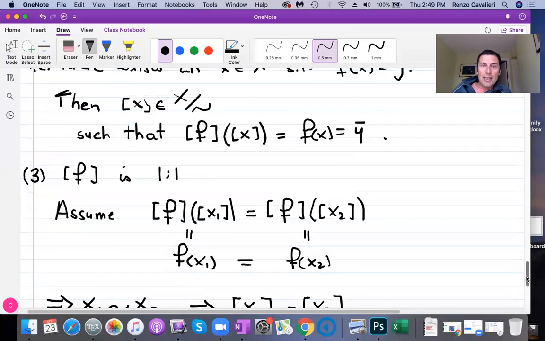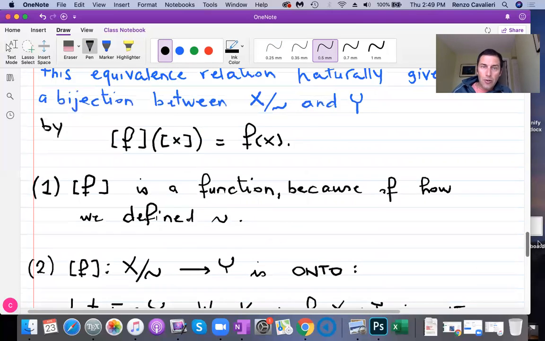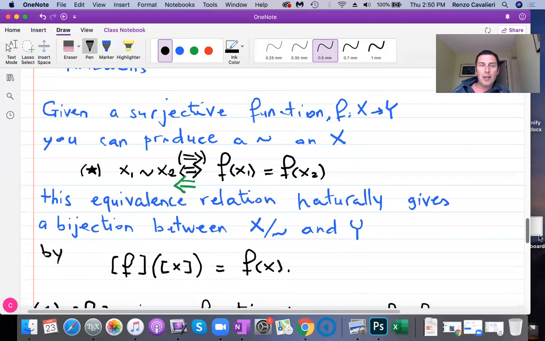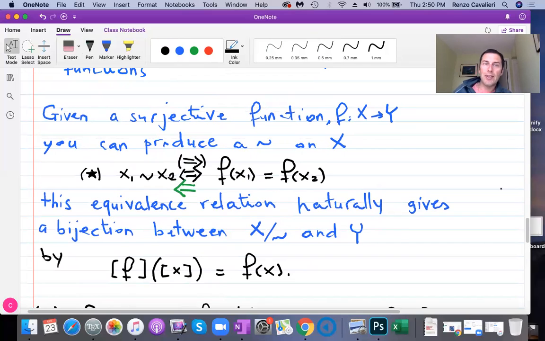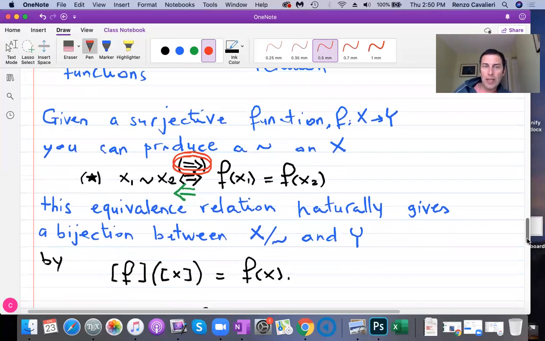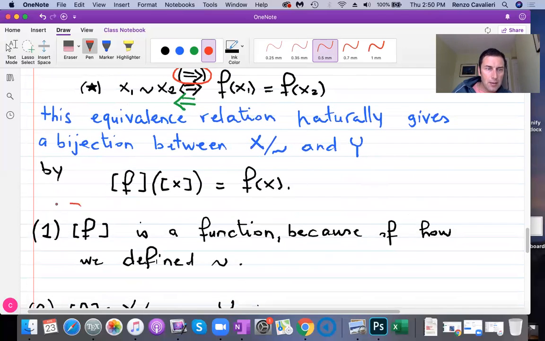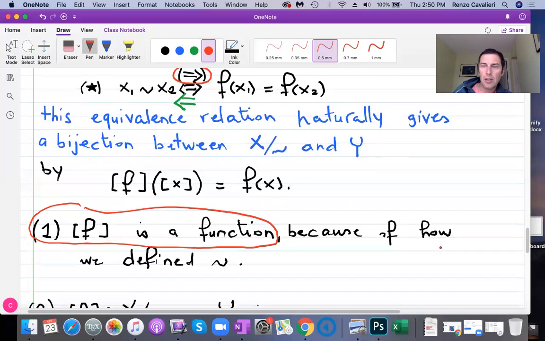Okay, so I encourage you all to look over the notes later and notice that we've really used everything, right? So we've used the leftward direction of the definition of the equivalence relation squiggle to show that square bracket f is a function.